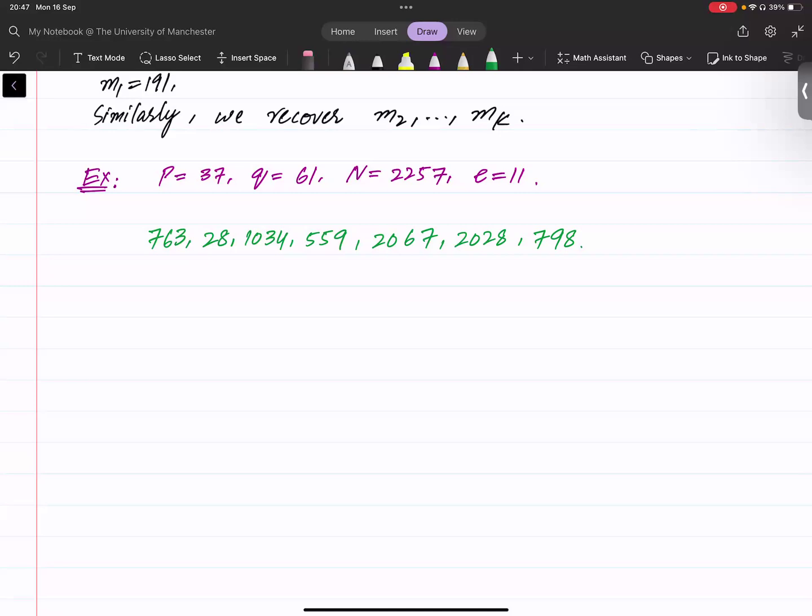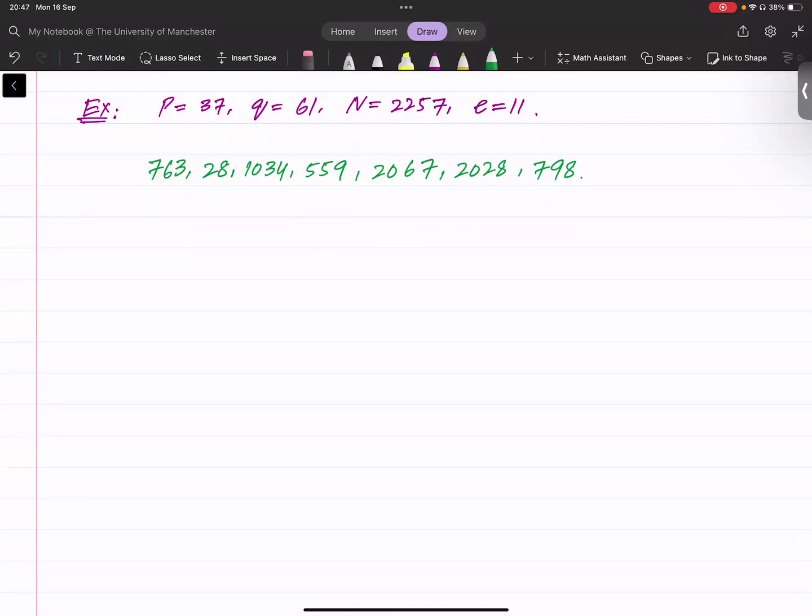Remember, we have P, Q, N, and E, and these are the Ni's. At once you spring into action, getting your laptop to solve the congruence equations. We solve these as follows. Quite tricky and lengthy, so bear with me. We are saying x to the power 11 is congruent to 763 mod n.